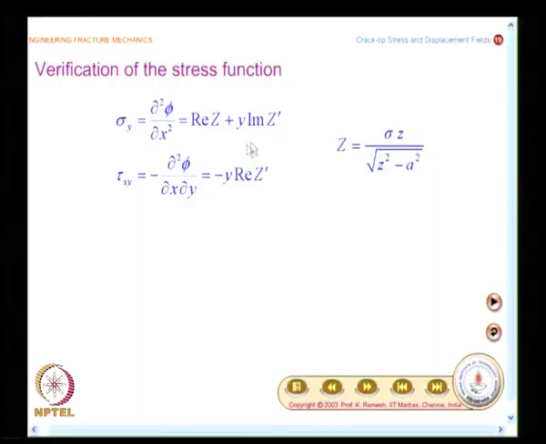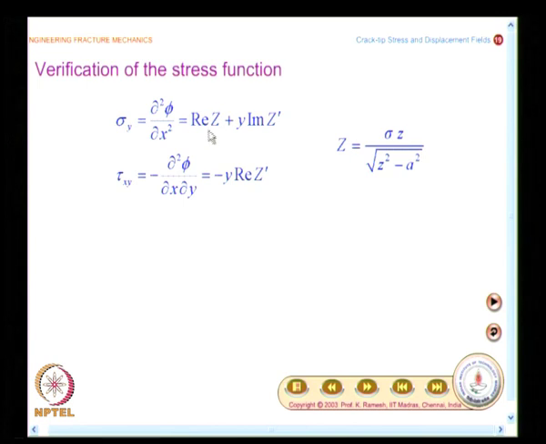And what you will have to look at is what sigma y is on the crack faces, and this has two terms. The first term is real part of Z and the second term is y times imaginary part of Z prime. On the crack face y equal to 0, so the second term goes to 0. So, I will have to find out whether on the crack face real part of Z exists or not.